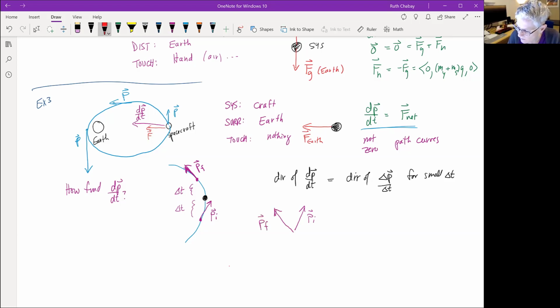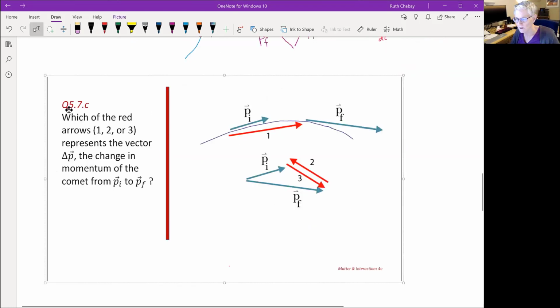And so delta p is final minus initial. We start at the tip of p initial and draw a vector to p final, that's delta p. And so we find that the direction of dp dt is, in fact, in this instant, perpendicular to the momentum of the spacecraft.